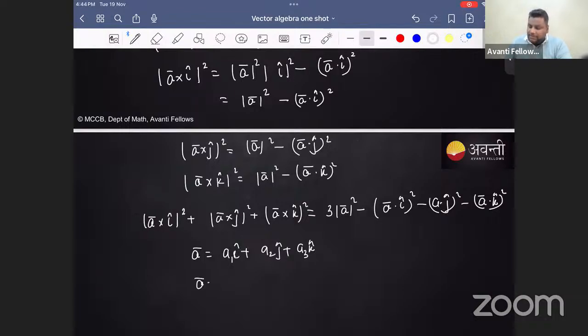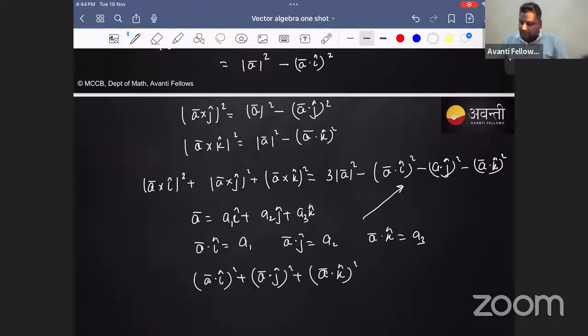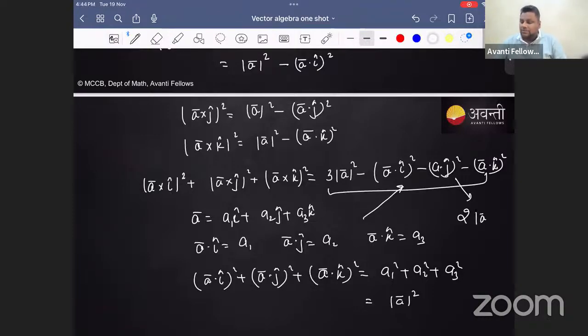Now A dot I cap is A1, A dot J cap is A2, A dot K cap is A3. Yes or no? Put all these values here. So A dot I cap square plus A dot J cap square plus A dot K cap square is what? A1 square plus A2 square plus A3 square, that is magnitude of A whole square. Now if you put it here, what do you get? 2 times magnitude of A whole square. Got it?